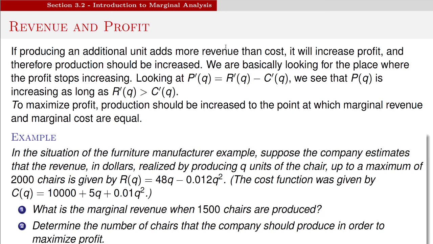Let's go ahead and try to compute this here. Let's look at what's the marginal revenue when 1,500 chairs are produced. And then we want to determine the number of chairs that the company should produce in order to maximize profit.